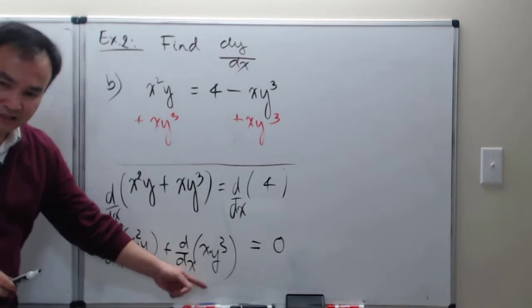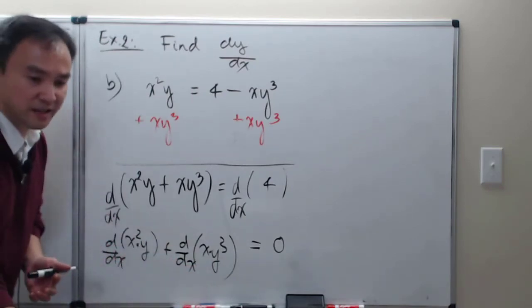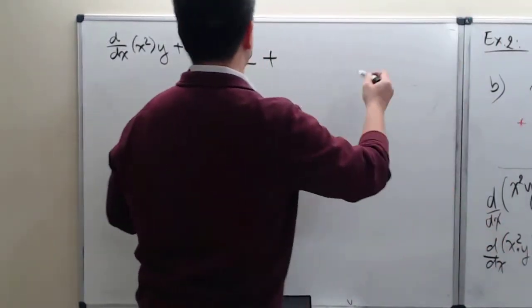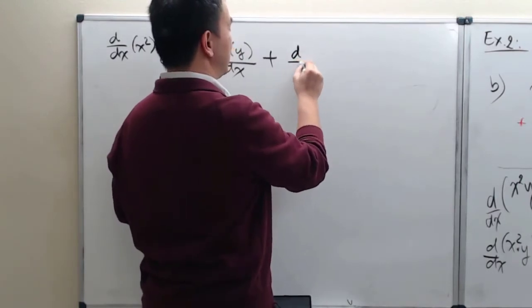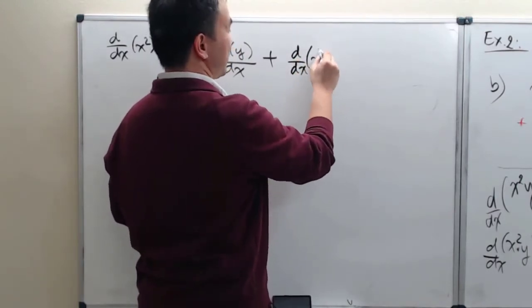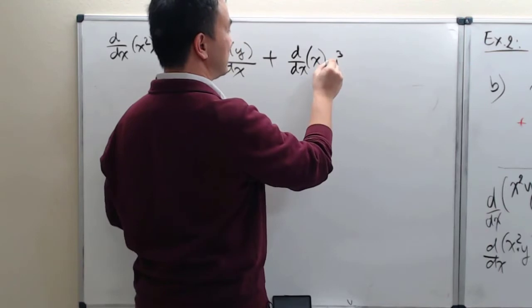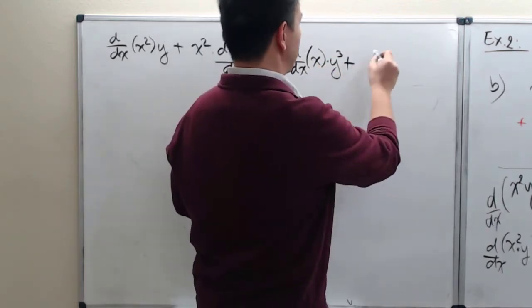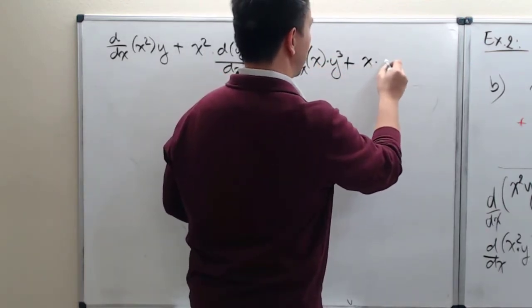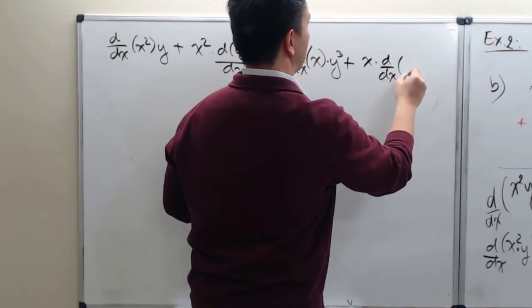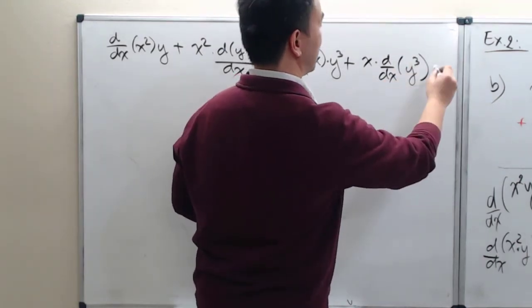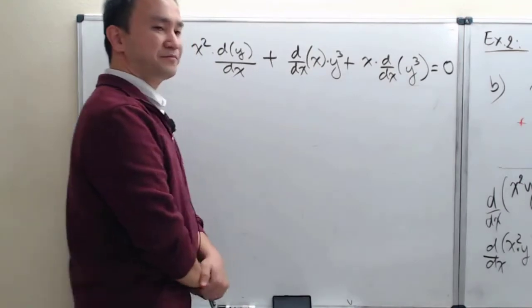So this product rule is telling me to take the derivative of my x function, multiply with the y cubed factor, plus, and now I'm going to leave x the same and take the derivative of y cubed, and equals 0.